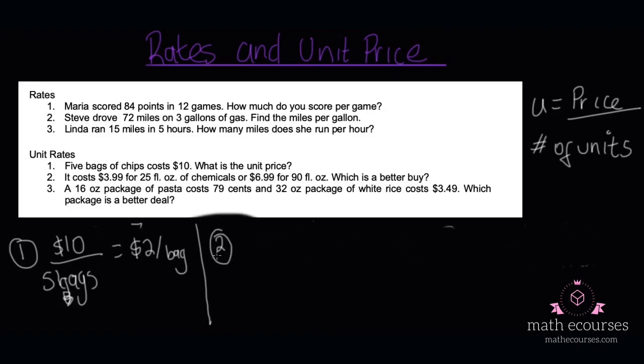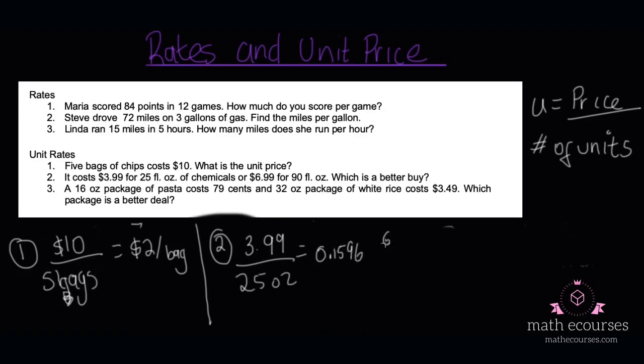For my second example, we see that it costs $3.99 for 25 ounces of chemicals, or $6.99 for 90 ounces of chemicals. Which is a better buy? Let's go ahead and work that out. For the first one, we have $3.99 for 25 ounces. Divide that using your calculator, and you will get 0.1596.